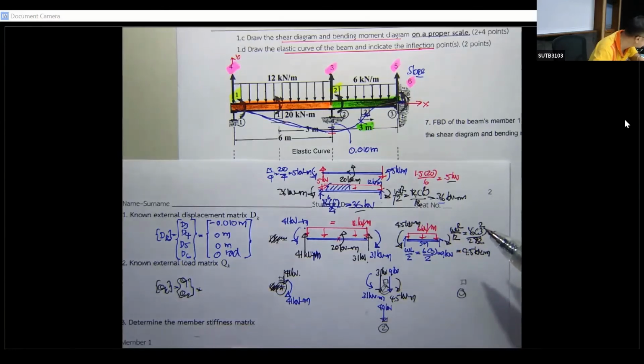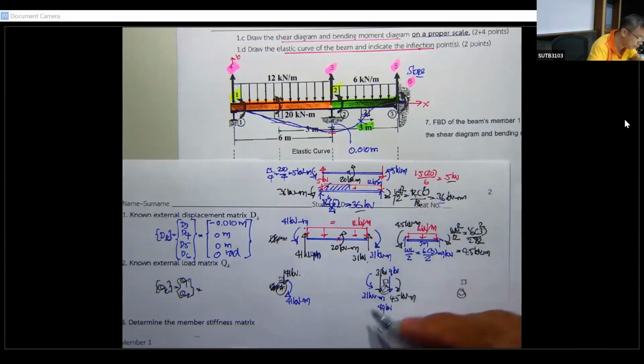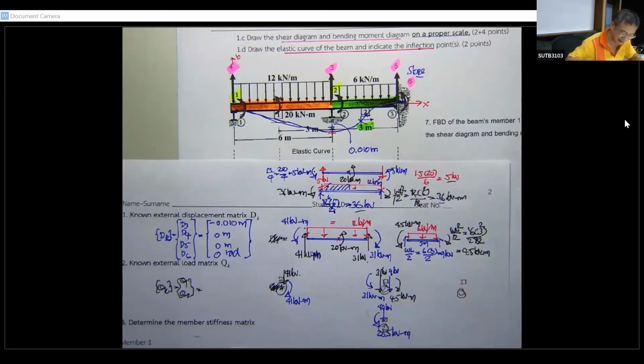Let me check. Okay, this one is 4.5, and then you combine them and you get 31 minus 4.5, which is going to be 26.5 kilonewton meter.